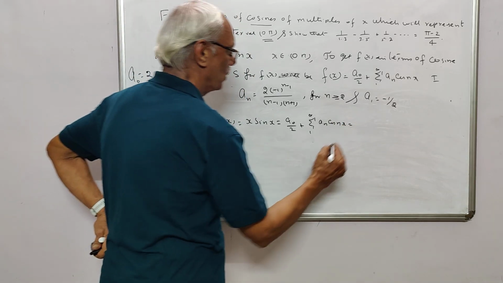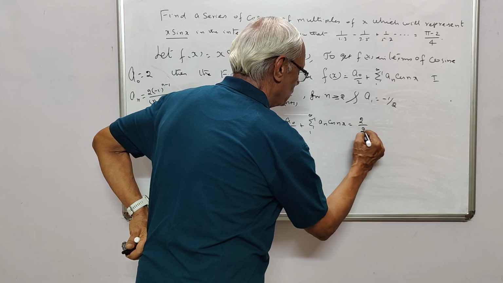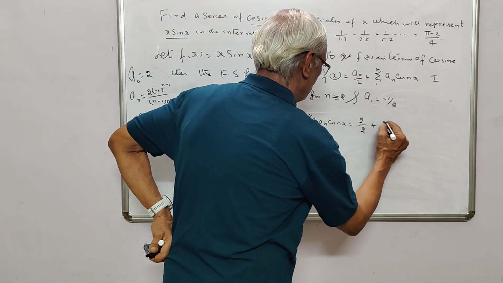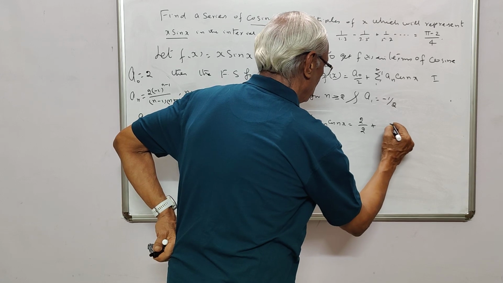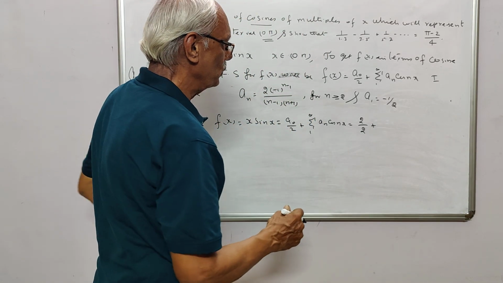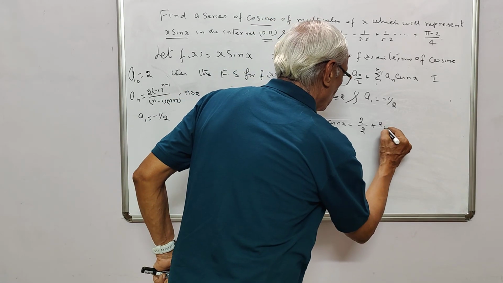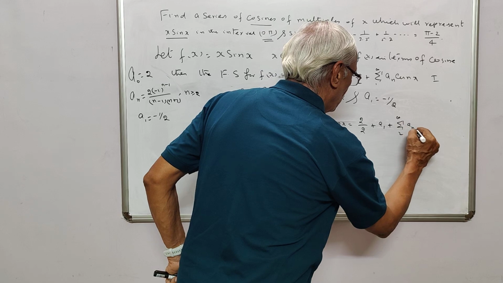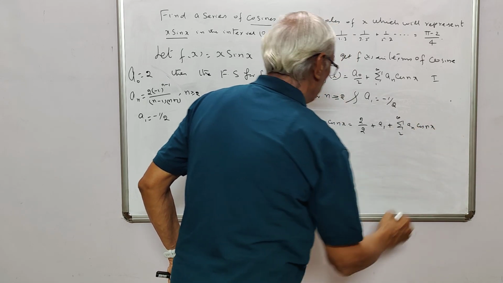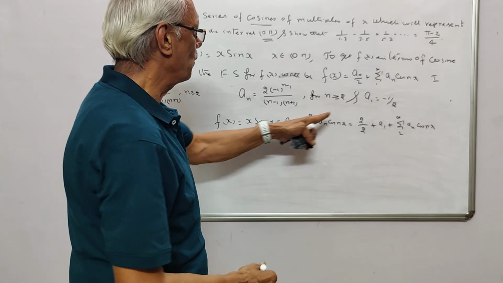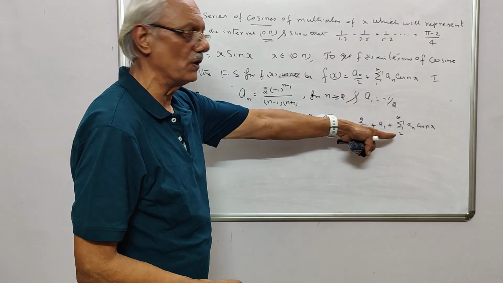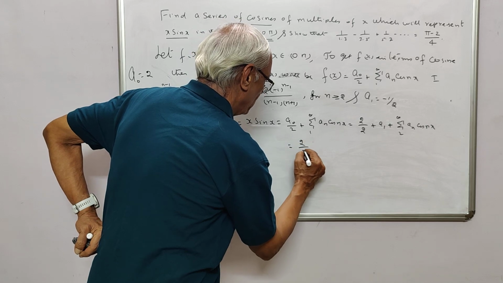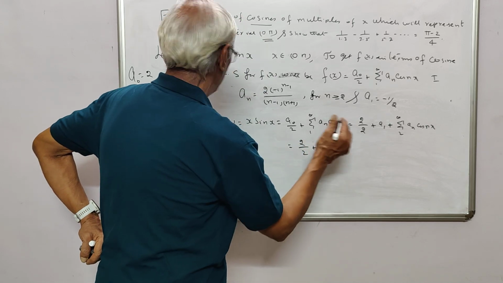So a0 by 2 is 2 by 2, because a0 is 2, plus a1 must be written separately, plus sigma from 2 to infinity of an cos nx, because a1 is separately formed and the general an will not give it. So this will be equal to 2 by 2 plus, it is minus half.